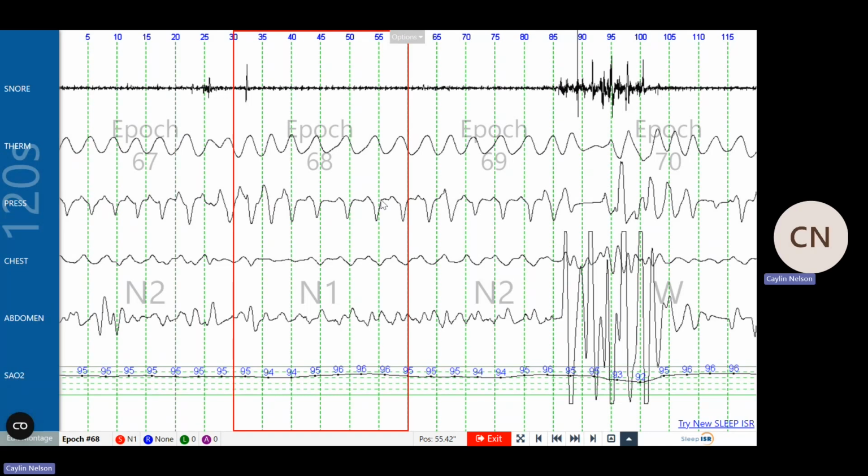Respiratory belts can often receive artifact when there's movement, but when there's no movement at all, it often works correctly. So you see 4 flat lines, two from your flow channel and then 2 from both your effort channels. It's not going to be a question if that's essential or not, because it is reacting to movement. If there is no movement, there's no reaction.